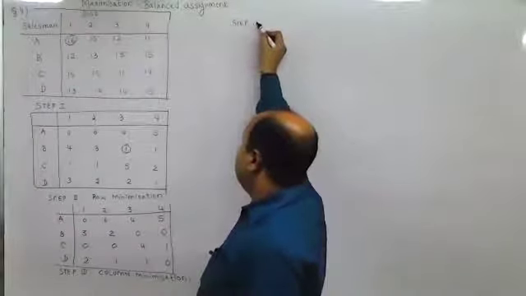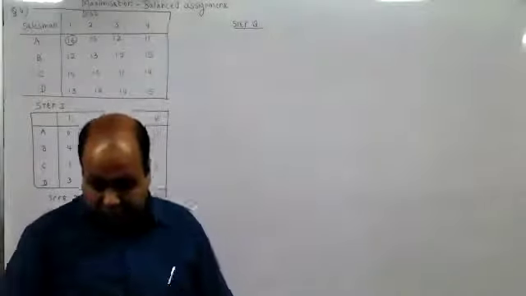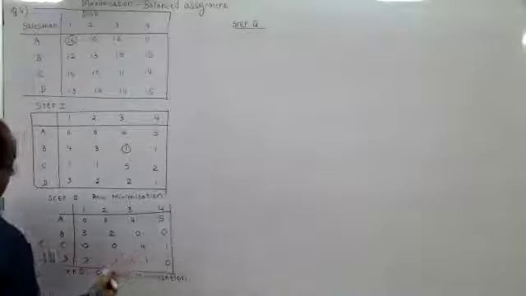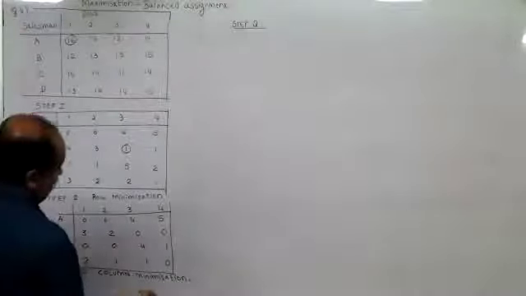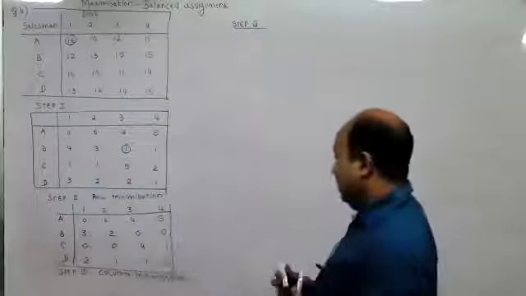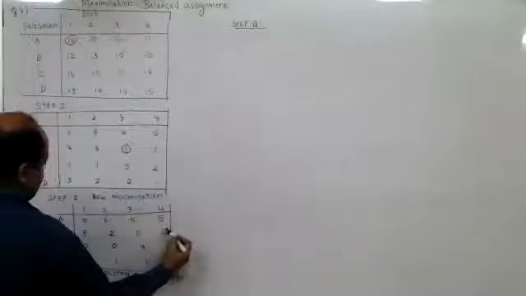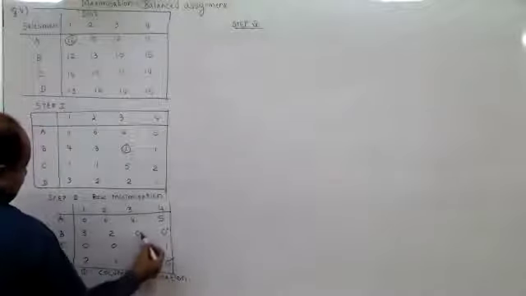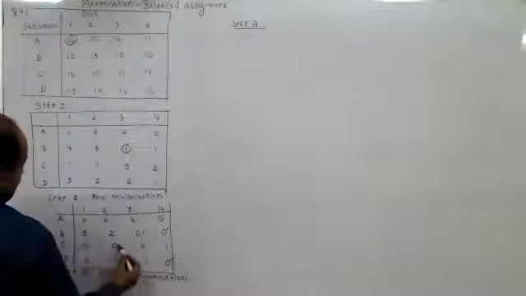Next step, we have to draw lines through zeros. When I draw lines through 0, so here how many lines are required? I think 4 lines are required. So if 4 lines are required, we will go for, or can we do it in lesser number of lines? This gets cancelled, then this one, then this and this.